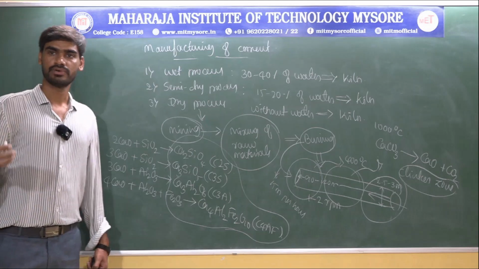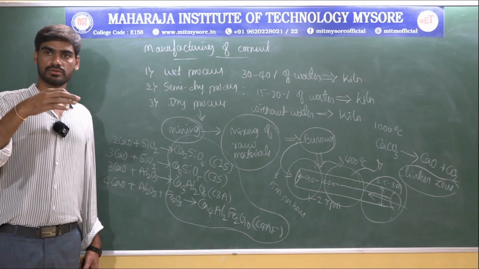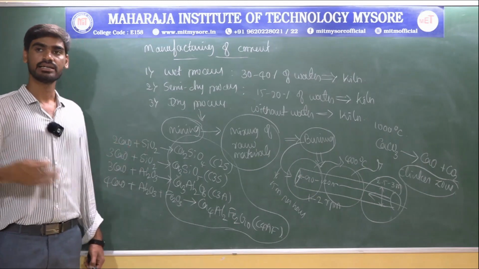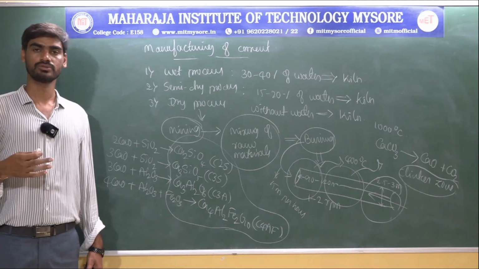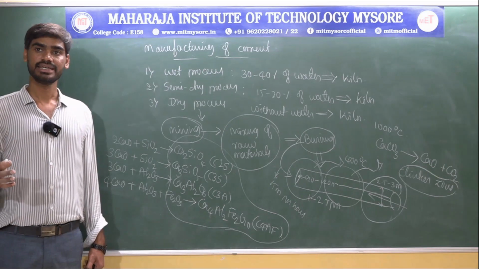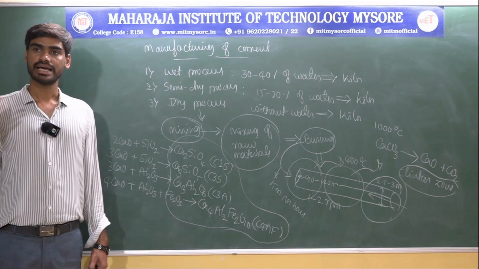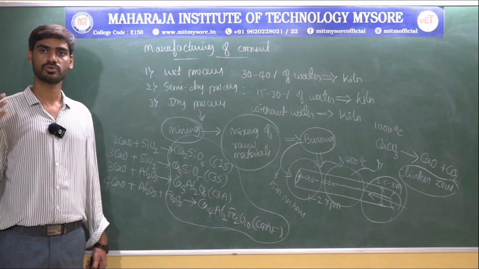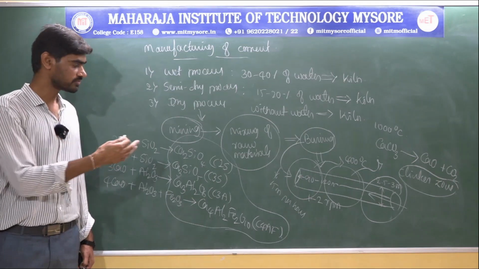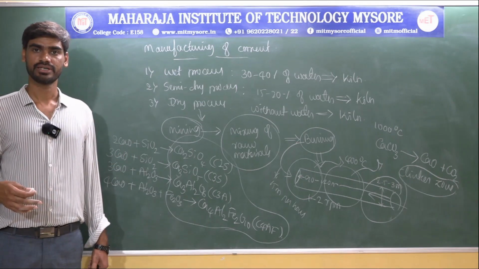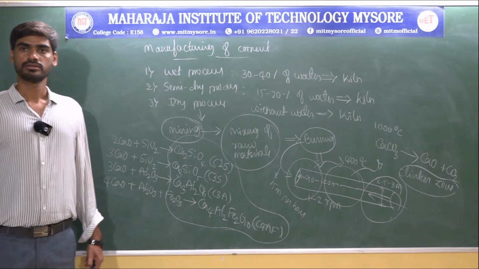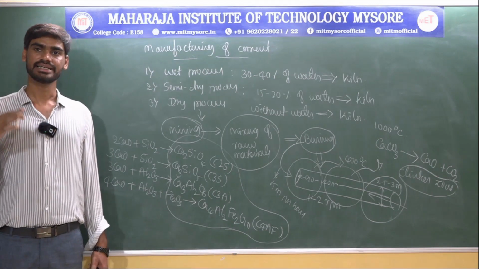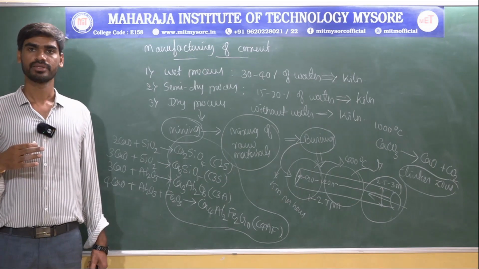So in the clinker zone, the lower zone, when lime and clay react at 1600 degrees centigrade, calcium aluminates and calcium silicates fuse together to form small and hard stones known as clinkers, of size about 5 to 10 millimeter. Finally, the clinkers are cooled by passing air and collected in small trolleys.